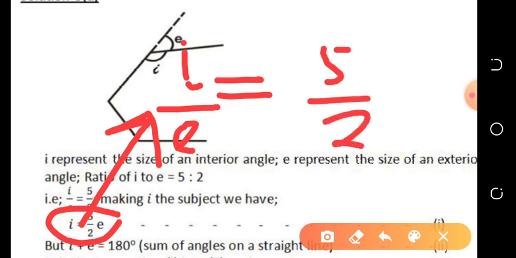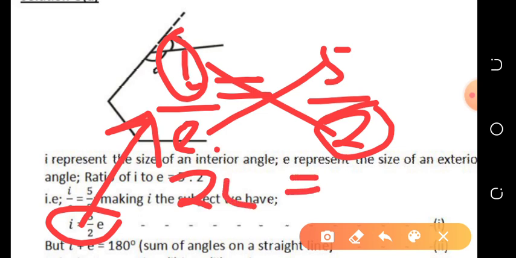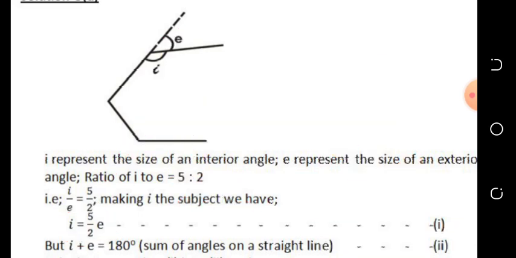5/2. What do you do when you have an equation like this? You have to cross multiply. So this I multiplies 2, you have 2I, equals 5 multiplied by E, you have 5E. So you have 2I equals 5E.